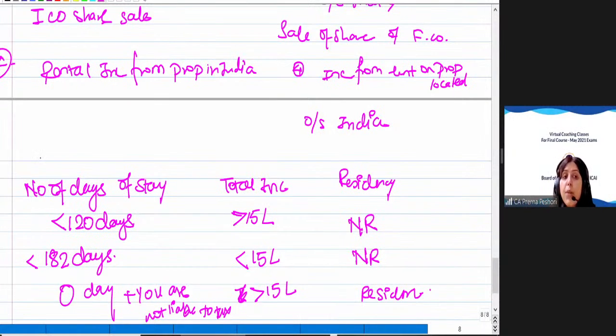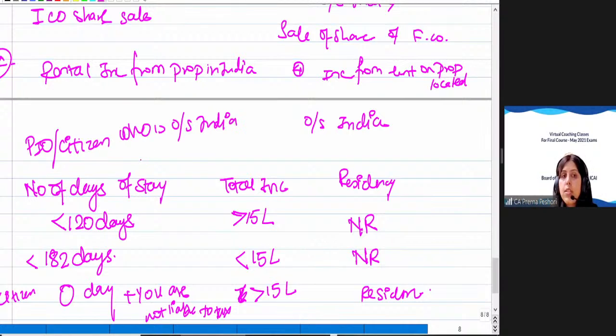So this is particularly for a person of Indian origin or citizen. This is only for a citizen who is outside India and who comes on visit to India. So this is specifically for those persons.